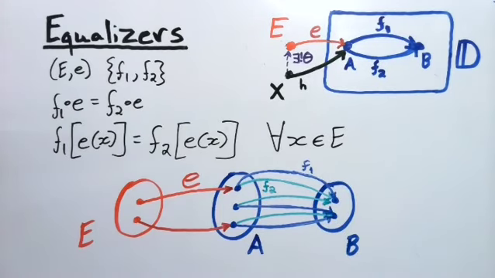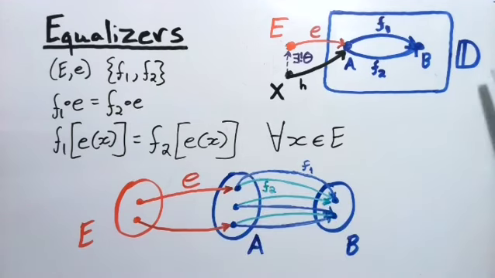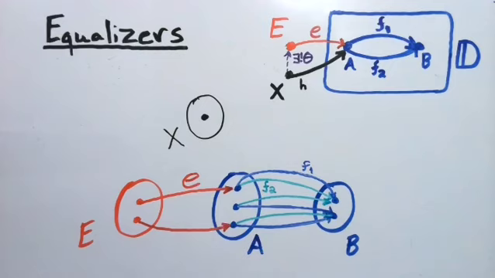So if you want to think about it for a minute, maybe pause the video and decide how would we guarantee not only that this commutativity property holds, as we've demonstrated here, but also that this is a terminal cone over this diagram. This is a limit, E. Well, we would need to have that for any other cone over F1, F2.